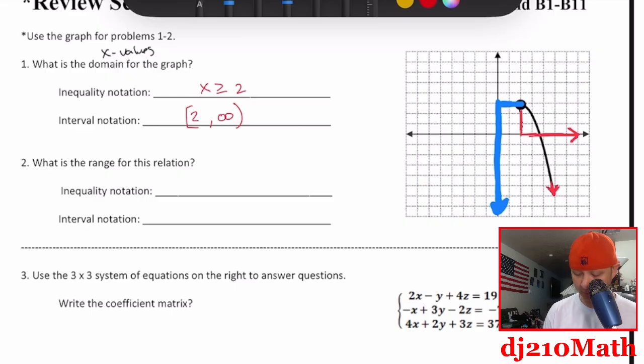Negative infinity has to be on the left. So negative infinity up to 3. And for inequality, we want everything smaller than 3. So y, right, because range is the y values, is less than or equal to 3.